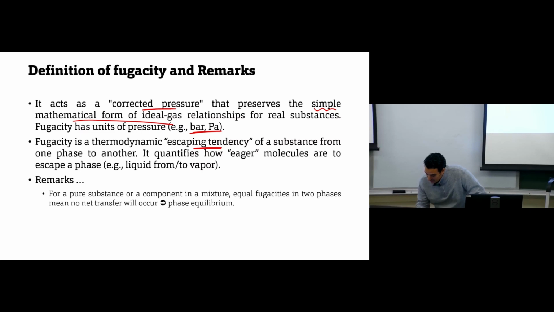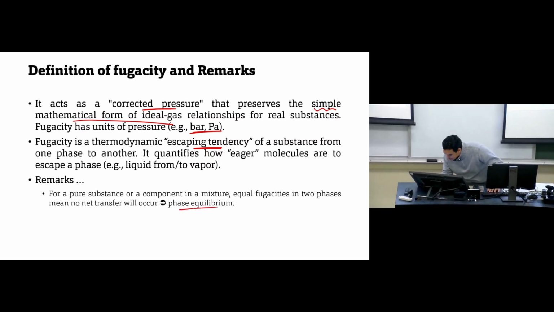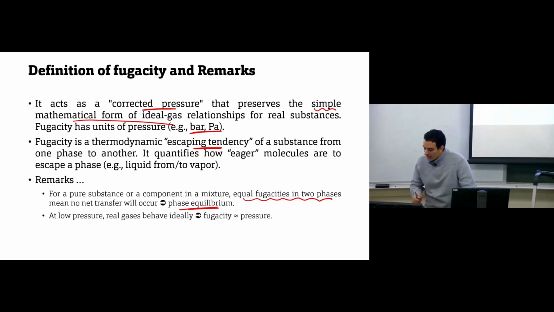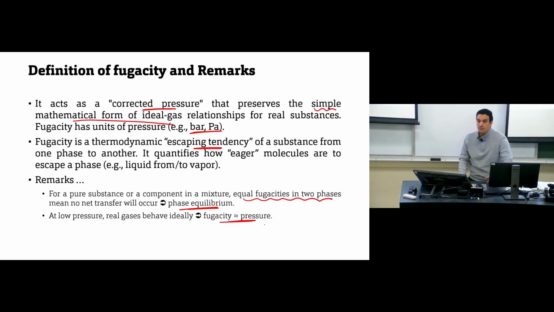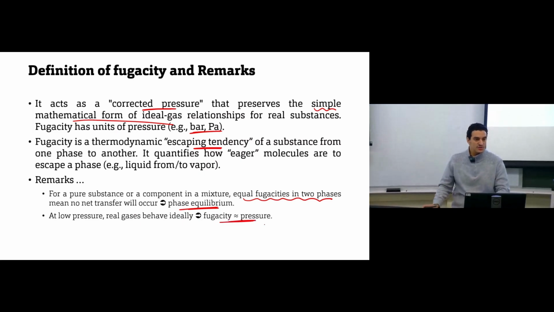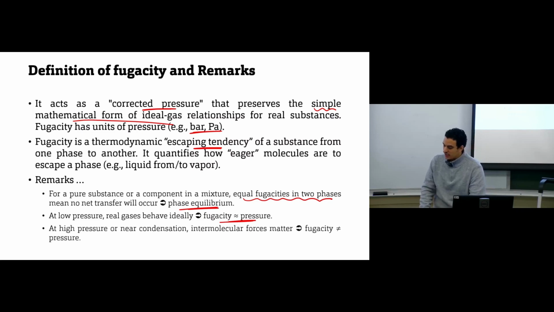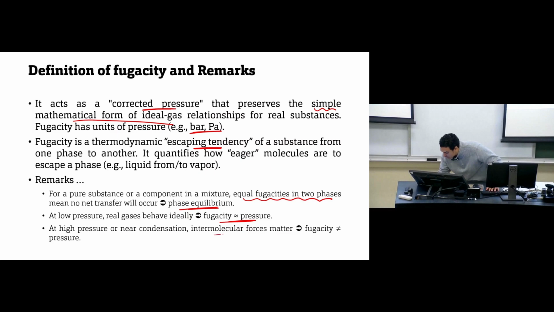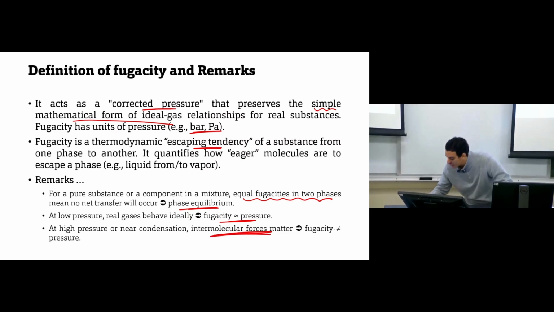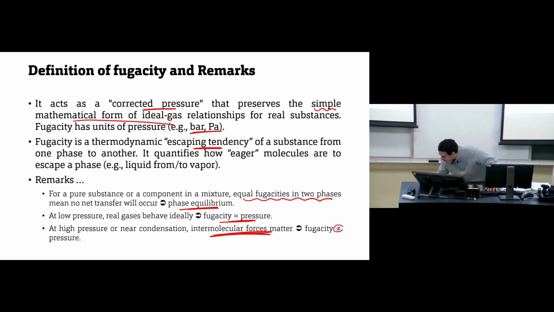As we said, phase equilibrium exists if we have equal fugacities for the two phases at these conditions. At very low pressure, real gas behaves ideally, so fugacity and pressure will be the same. At low pressure there is no difference between fugacity and pressure, but at high pressure or near condensation, where the intermolecular forces between molecules become significant, fugacity will not be equal to pressure.